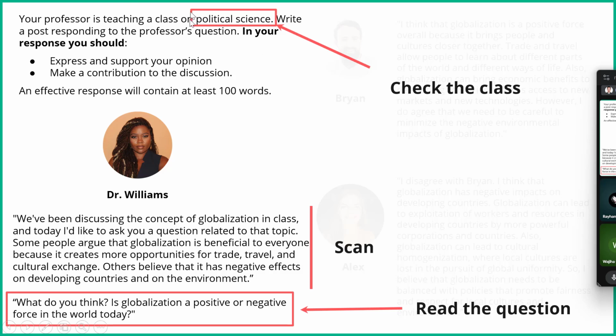So we had, first of all, the introductory section. The introductory section says what we are expected to do. Then we have the post with a question. So read the question very, very carefully because even if you just miss one part of the question, it strongly affects your score.